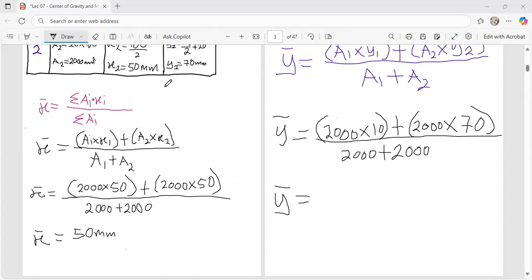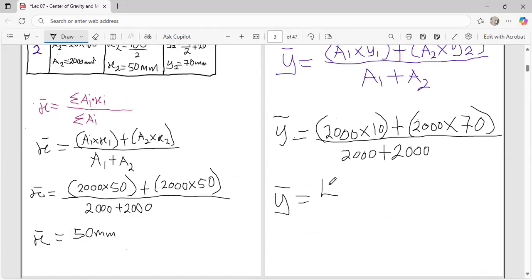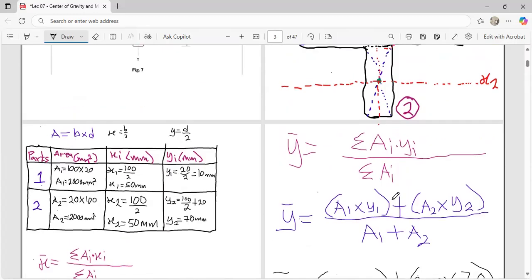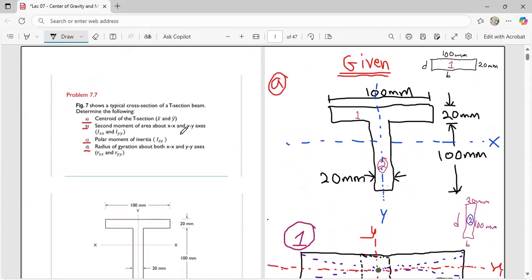After that, you realize that your answer is going to be 40 mm.